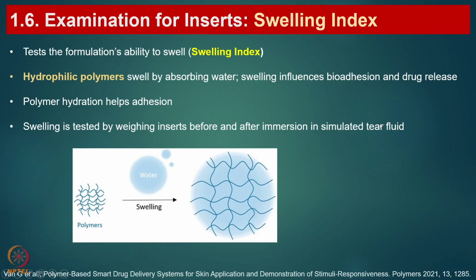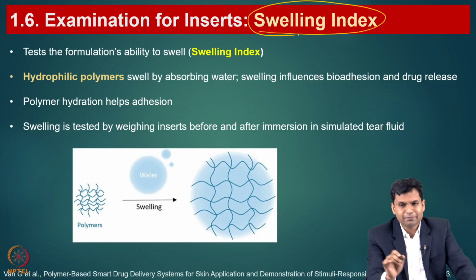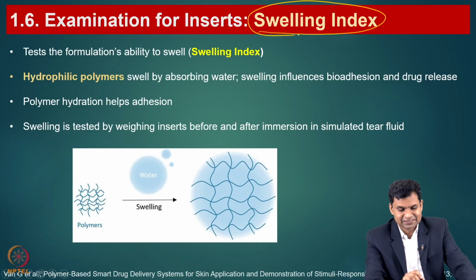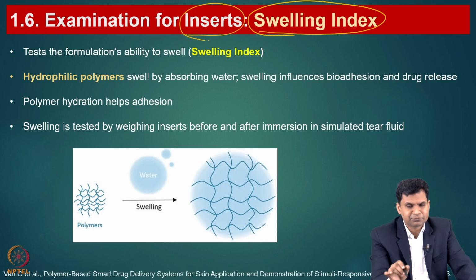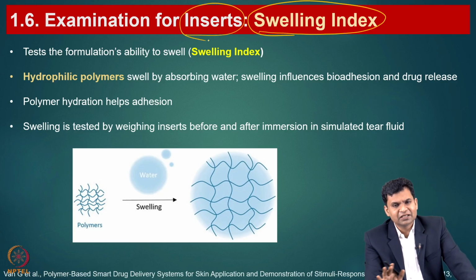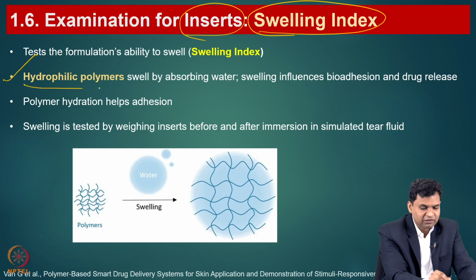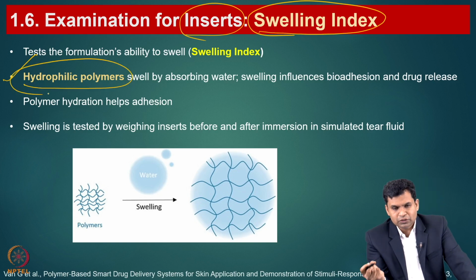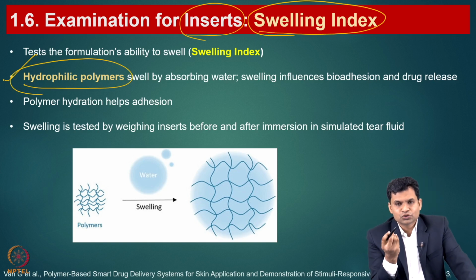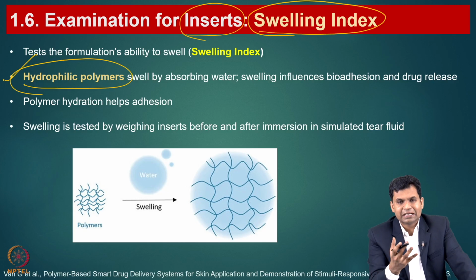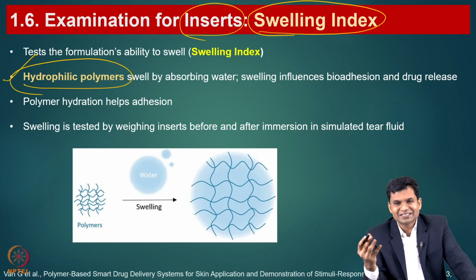Here we have another parameter, that is the swelling index. We use this for various types of inserts, and in our previous novel drug delivery formulations we discussed ocular inserts, which are made up of polymers that can absorb water and slowly release the drug, undergoing controlled and sustained release.